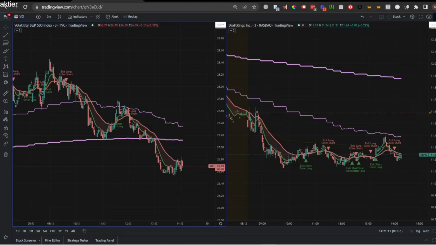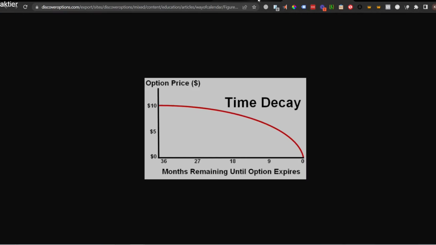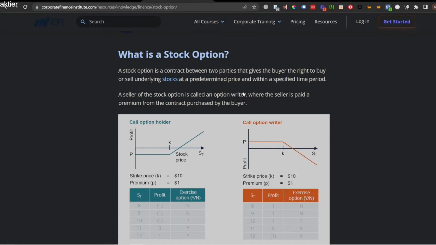Now let's talk about an option. What is an option? For that I have this figure here. No, this is time decay. I have another one, this one. Don't look at those down here, just focus on this. We start with the call option here.